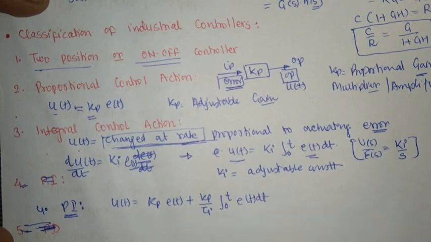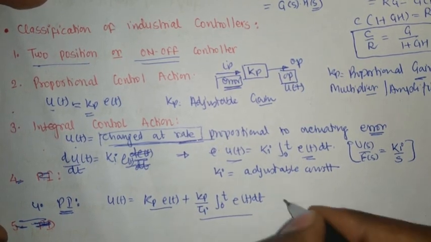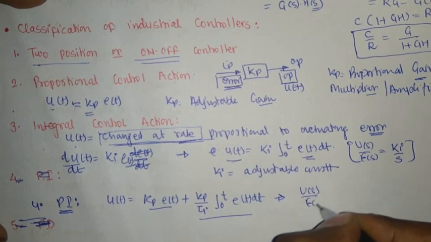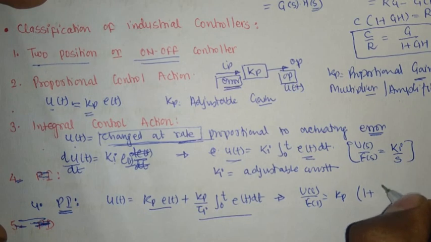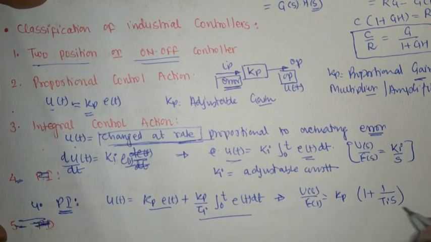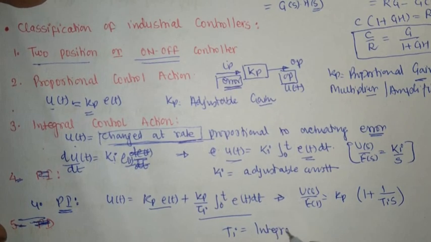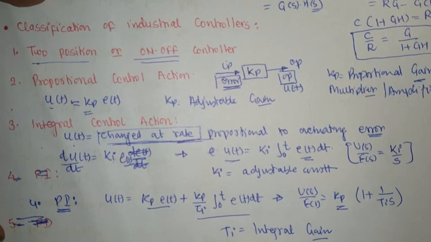I'm just telling you because there has already been one question from this particular part in a previous year. So there is a proportional part and an integral part, and this gives me U(s)/E(s) is equal to Kp, which becomes common from both of them, into (1 + 1/(Ti s)). So Ti here is known as integral time. Kp is what? Proportional gain.